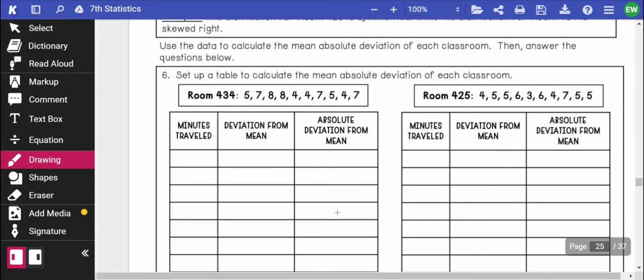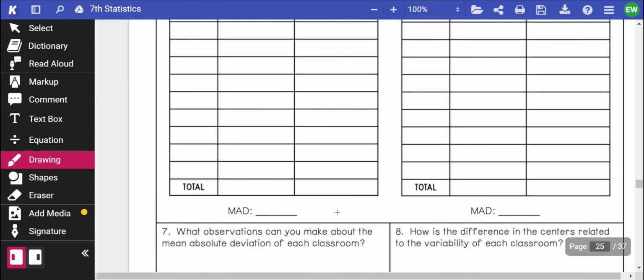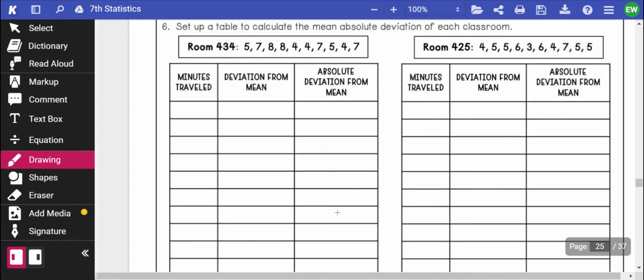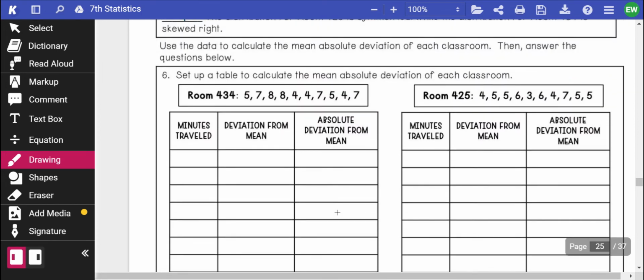All right, so for number 6, we have to go ahead and set up a table and work on the mean absolute deviation. Okay, so that is from our notes from yesterday, so our MAD. This is very similar to all the tables we did yesterday.